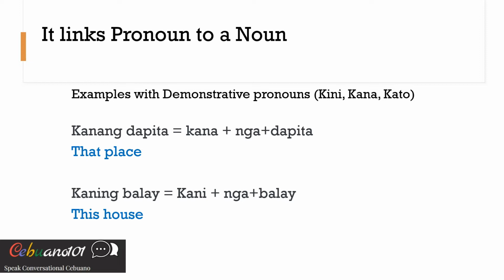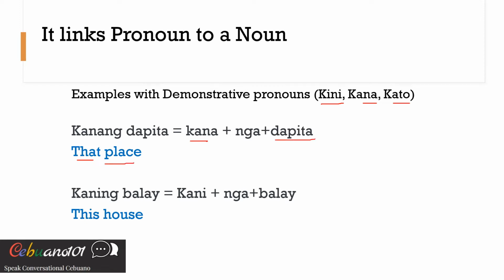We have here examples with demonstrative pronouns. Demonstrative pronouns, these are the kini, kana, kato. Kanang dapita, that place. Kana means that, plus the nga linker, plus dapita.